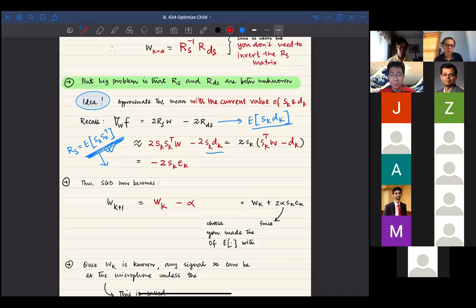Opposite to the gradient. I've already captured the opposite part by this negative. So what is the gradient now? I think it's the minus 2sk ek. Yep, the minus 2sk ek. Correct. This is your gradient.